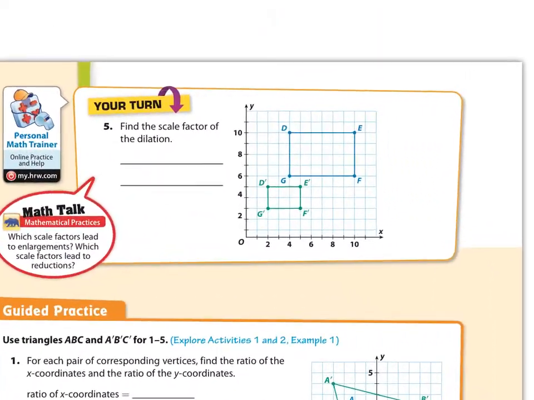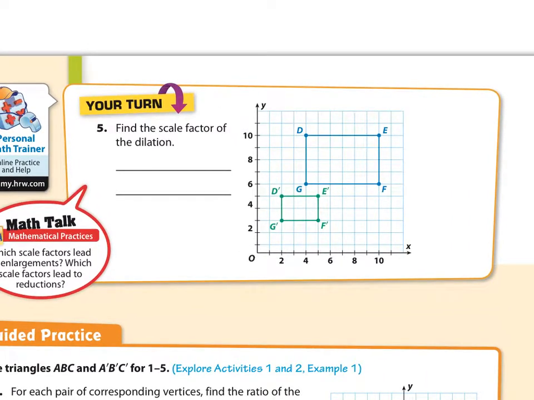Okay, this is your turn here. If you want to give this a try, we have to find the scale factor of this dilation. Try it out, think about it a little bit before you see the solution. Okay, I'm going to offer a couple ways that you can think about this. You can pick any side from the blue shape, right? That's our pre-image. Let's do DG. But then you'll also have to pick the corresponding or matching side in the green shape, which means D prime, G prime.